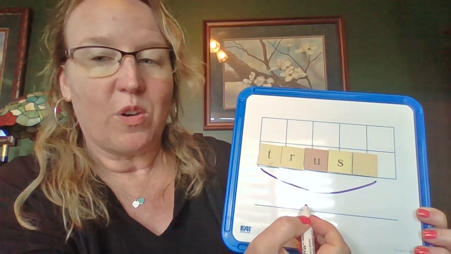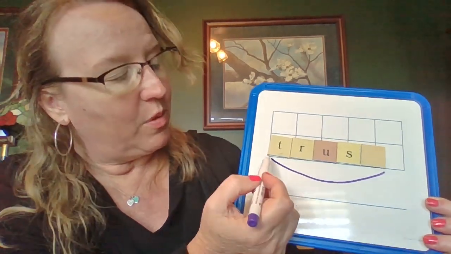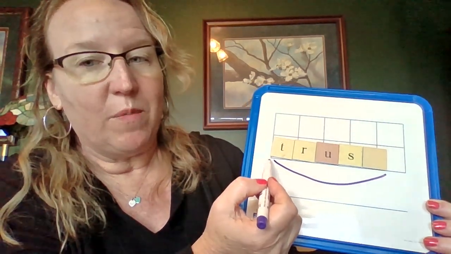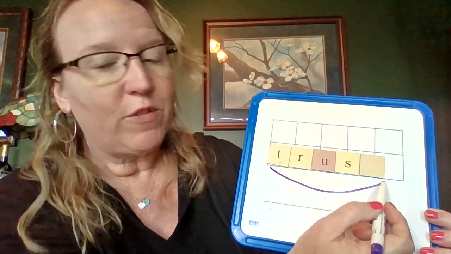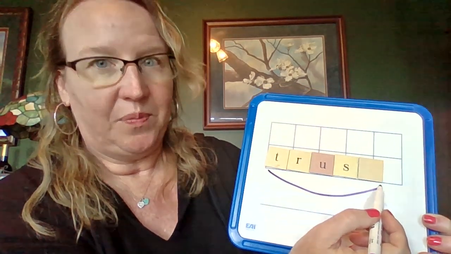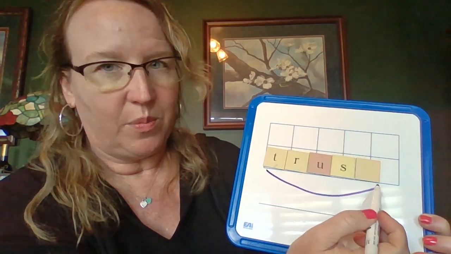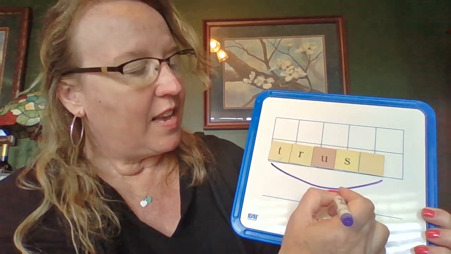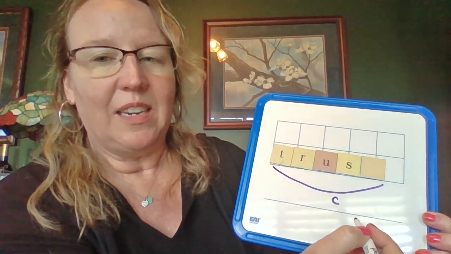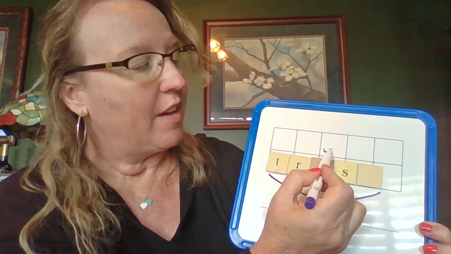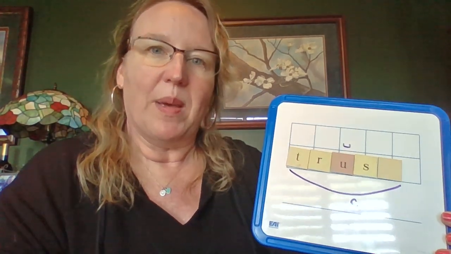So I'm going to mark up the whole word. Notice I am scooping from the beginning of this T all the way over to the end of this T. Not just from the vowel over, but the whole syllable. That is closed, so I mark it with a C down here. And then I put my breve above the U so I know that it makes the short sound.